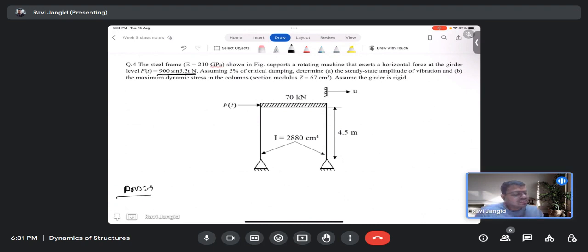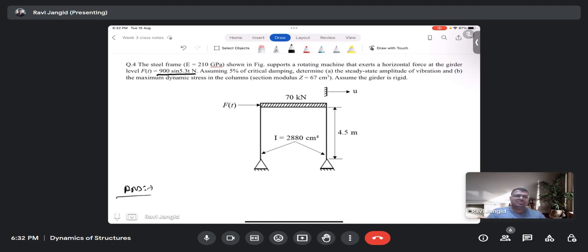So in this question, what would be the stiffness for the column? 2 times 12EI by L cube, considering both the columns. Okay, considering both the columns. But because of the pinned support, I didn't notice the pinned support.